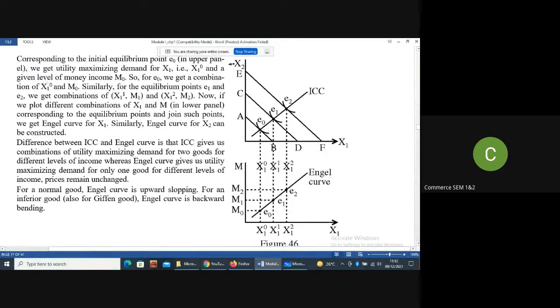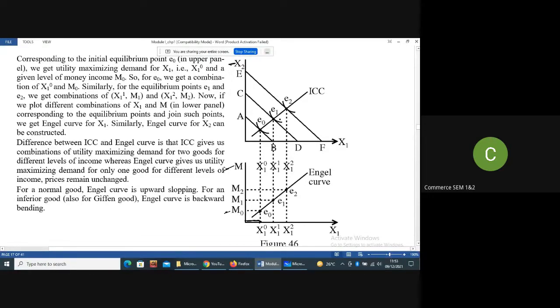Now for this budget line AB, we have some amount of money income. So call this M0 money income. So corresponding to this money income M0, the equilibrium was at point E0. So at point E0, the amount of consumption of X1 is X10, this distance. So we are plotting the E0 point here, X10 and M0, money income 0.